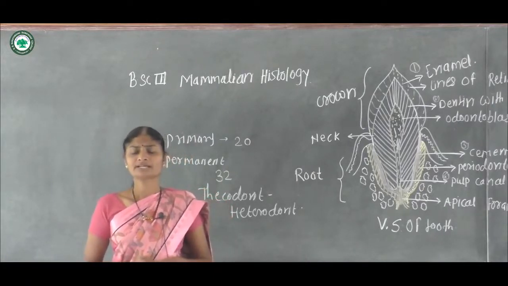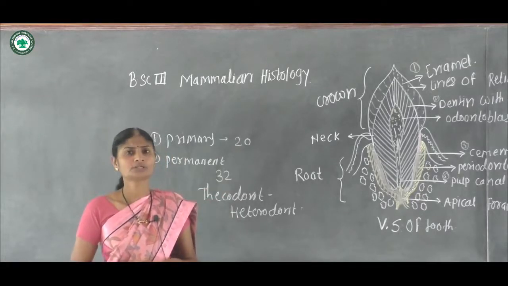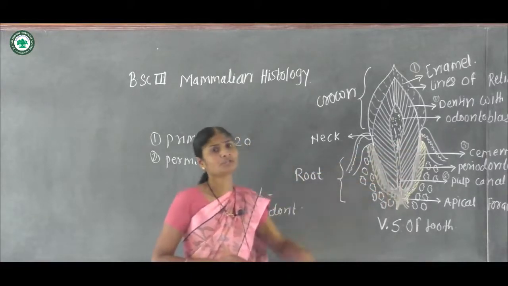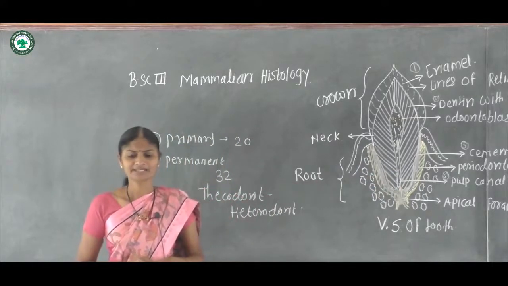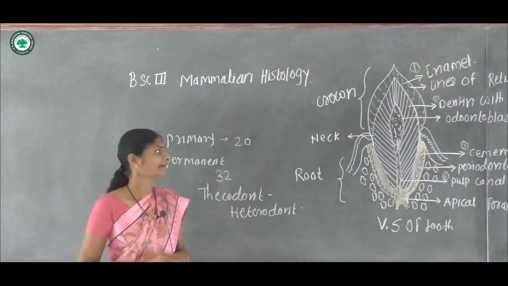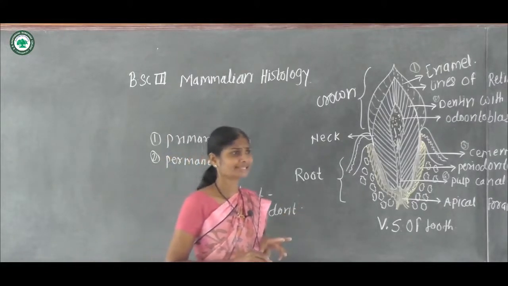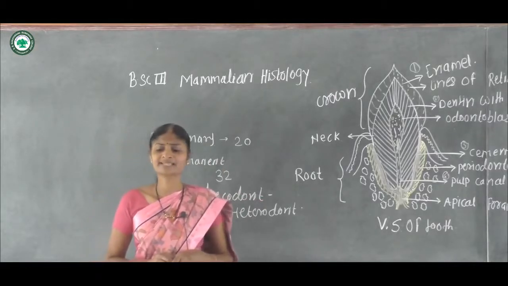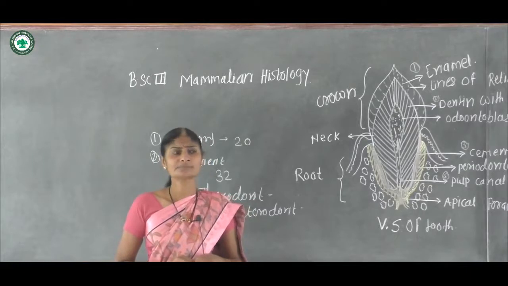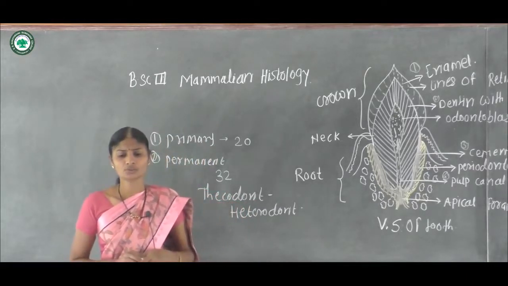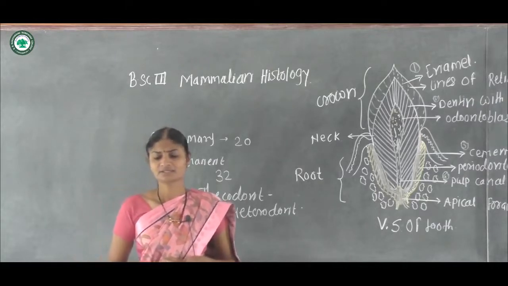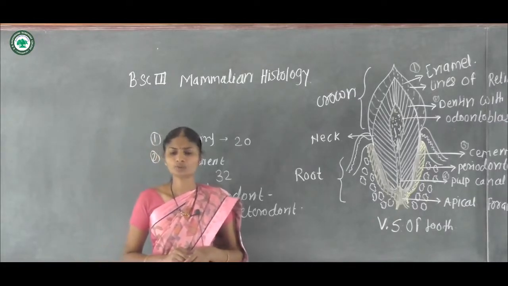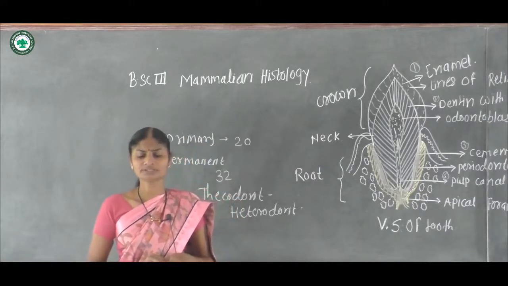It forms a sheet of calcified connective tissue around the dentine and covers it. The cementum has two types of cells: acellular cells and cementocytes. Acellular cells cover the upper region, and cementocytes form the protective covering over the dentine and attach the tooth to the surrounding structure.